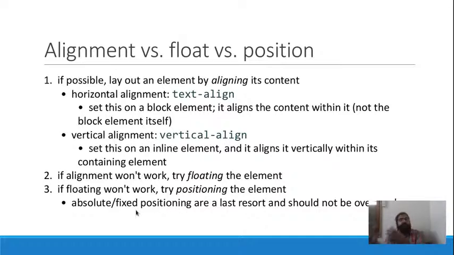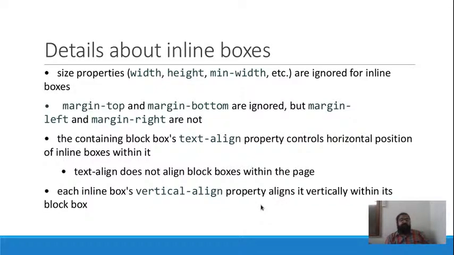Just like how we have mentioned in the C programming language that we do not use the goto statements, goto label, we don't use that kind of programming in C and we generally discourage doing that. In the same way, we will not want to use the absolute and the fixed positioning. That will be the last resort, should be avoided if possible, and if it is used, then it should be the last resort.